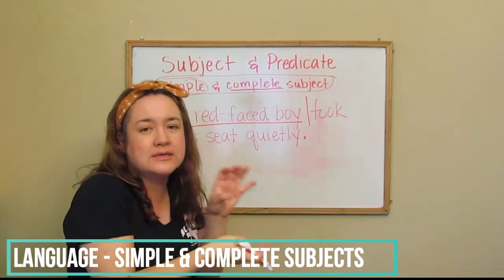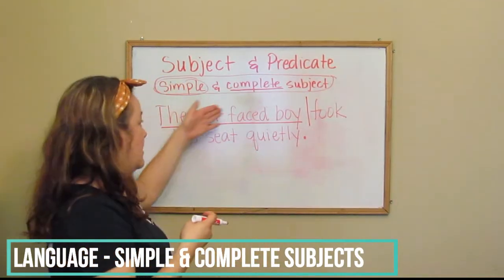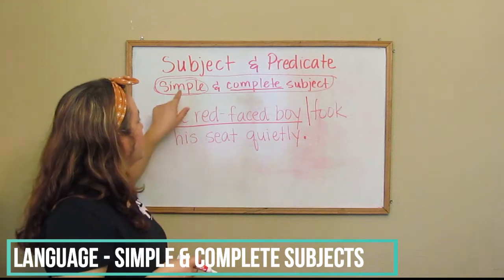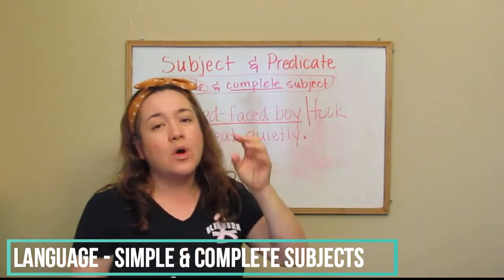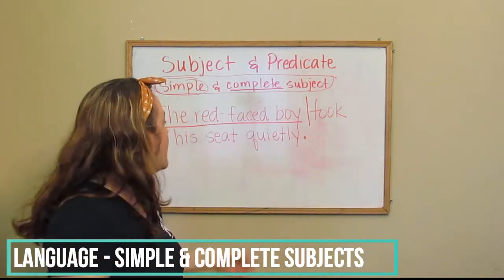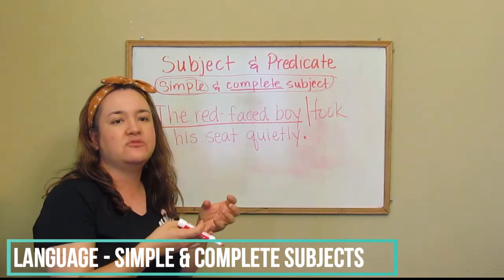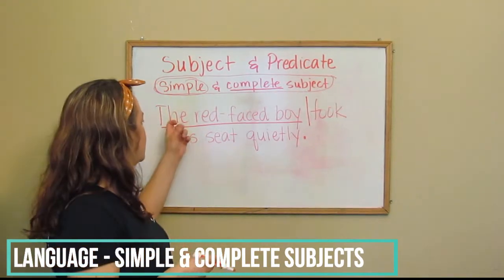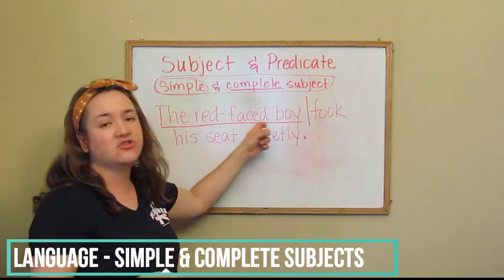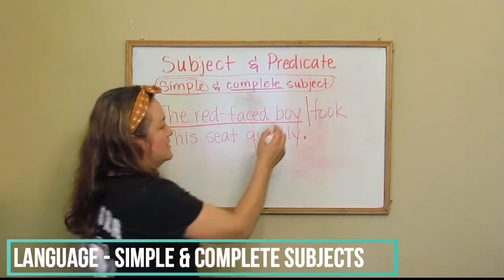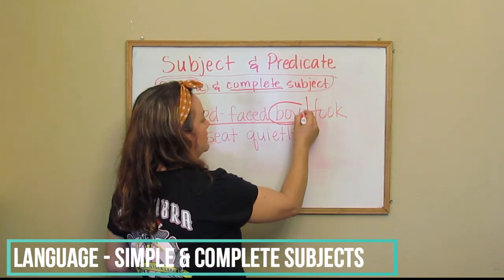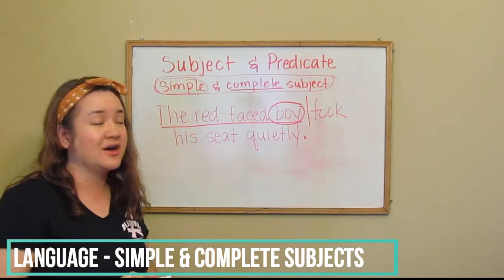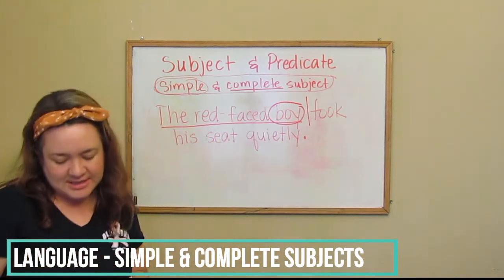It's all the words that describe the subject, which is the red-faced boy. And now we want to pick out the 1 or 2 words that are usually nouns that describe the subject very simply, right? So is it the red-faced or is it boy? And of course it's just boy. And that's going to be our simple subject, okay?